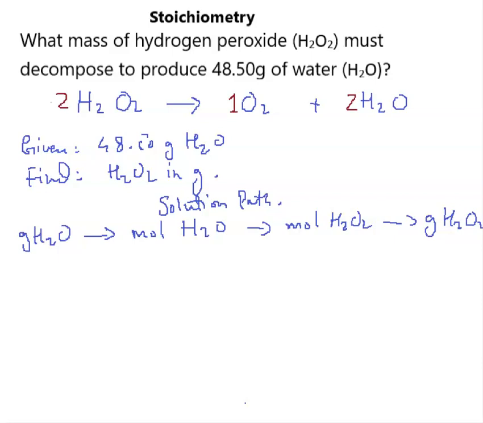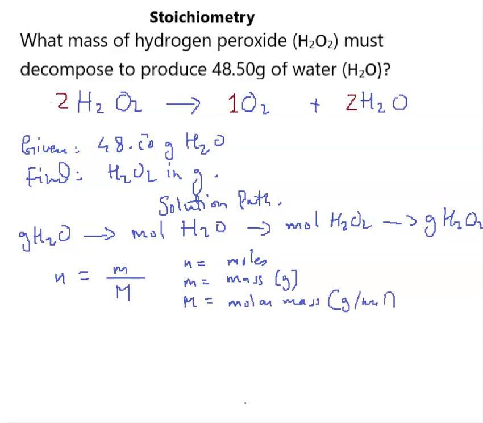We will be using the formula, which is n equals m over capital M, where n equals the number of moles, the small m is mass in grams, and the capital M is the molar mass, which is written as grams per mole.